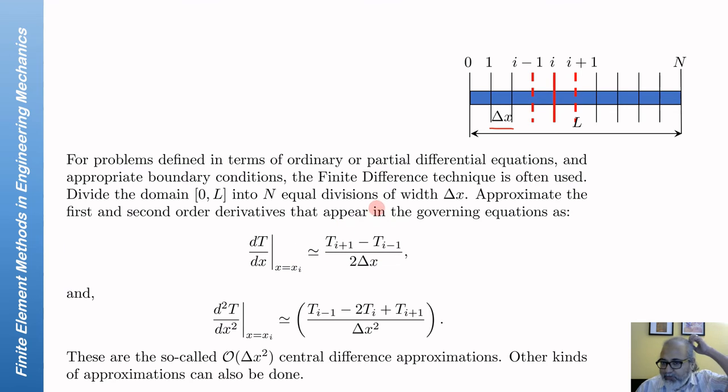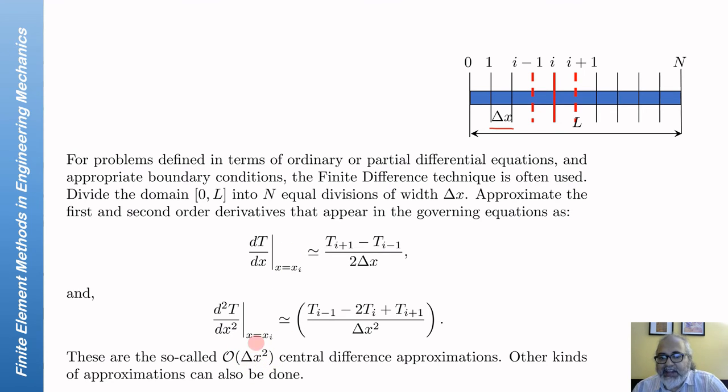These are called difference formulas, and here what we are using is typically called the central difference formulas, but there are other difference formulas like forward and backward difference as well, and these are correct to the order of delta x squared.